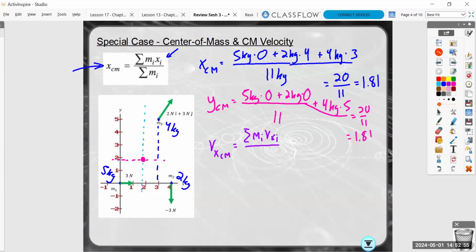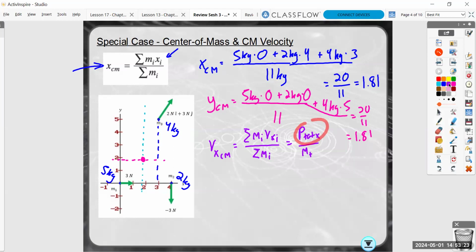But what you're going to be looking at are the masses times the velocities, or if you like, the total x momentum over the total mass. So hopefully this also makes it a little clearer why the center of mass velocity is constant. Because if our total momentum is constant, then the center of mass velocity never changes.